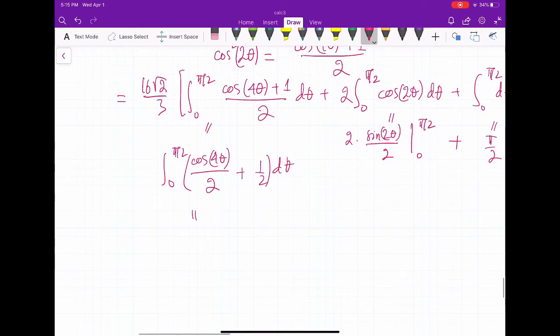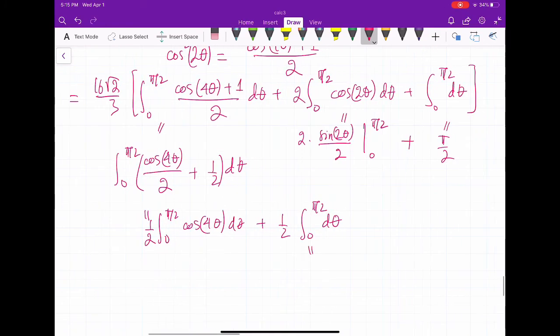And that is equal to, from 0 to pi over 2, 1/2 right here, cosine 4 theta d theta plus 1/2, 0 to pi over 2 d theta. And this is equal to pi over 4. This is equal to 1/2 times 1/4 sine of 4 theta evaluated from 0 to pi over 2.